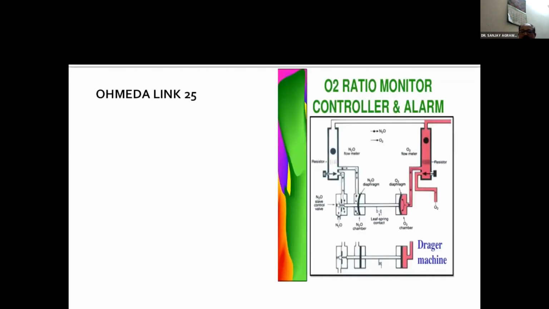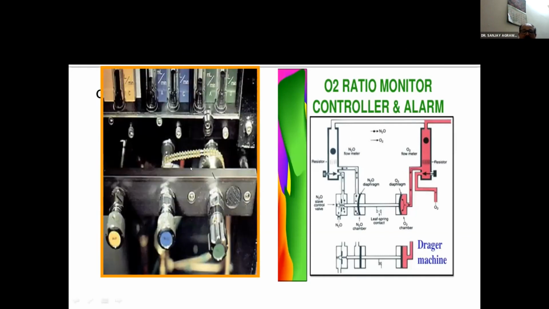Just like the Link-25 mechanism in the Ohmeda machines, the oxygen ratio monitor, controller and alarm present in Draeger machines acts both as an oxygen failure device and also maintains the concentration of oxygen in the gas mixture. So this one single device acts in both ways.